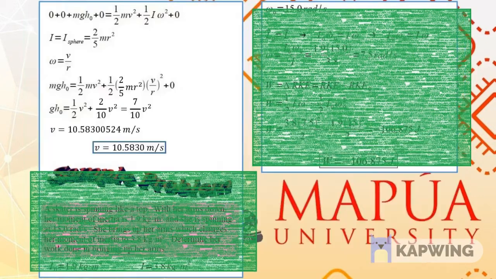Initial energy is equal to final energy. In terms of kinetic energy and potential energy, we have initial kinetic energy plus initial rotational kinetic energy plus initial potential energy plus work done by external forces, if any, is equal to final kinetic energy plus final rotational kinetic energy plus final potential energy.